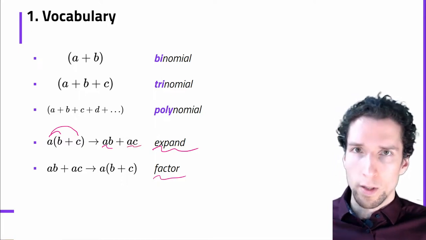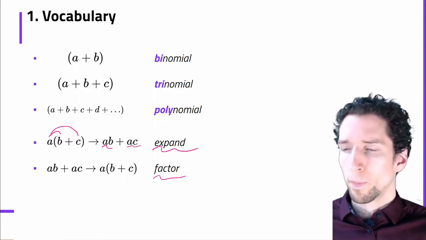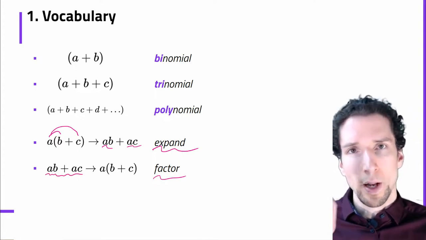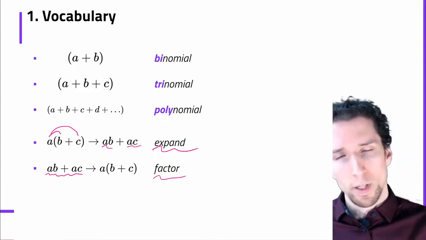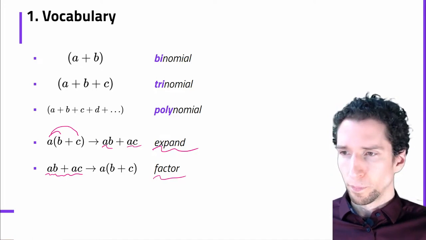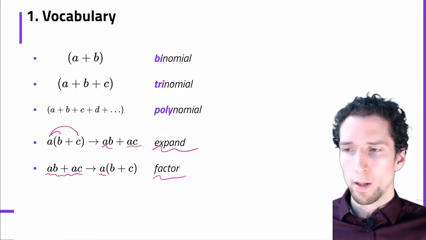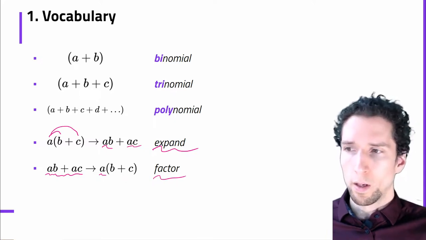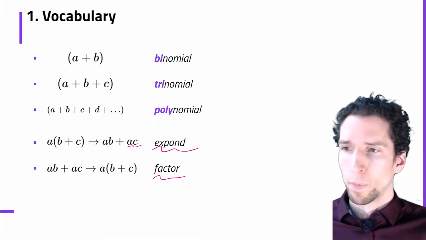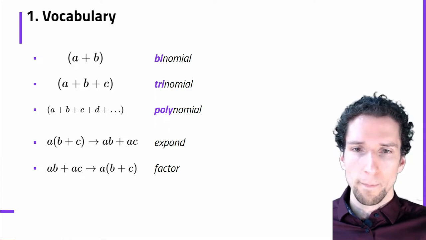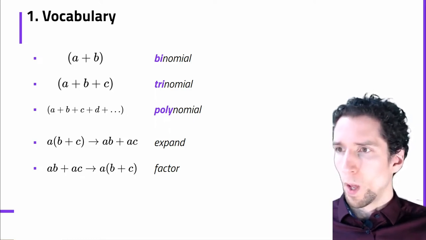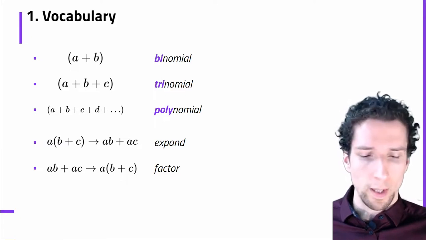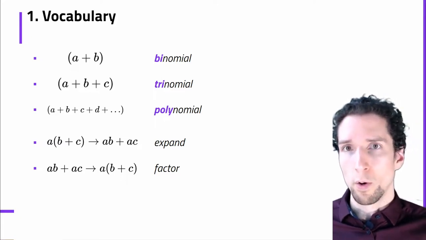Factoring is the exact opposite of that, where we notice we have ab plus ac, and we notice, hey, there's an a in both of those. Let's just take that a out, like this. So a times (b plus c). So expanding and factoring. Today will just be about expanding, and then the next video will be about factoring, and then some shortcuts we can do once we know both those things.